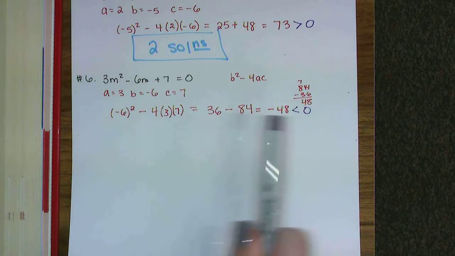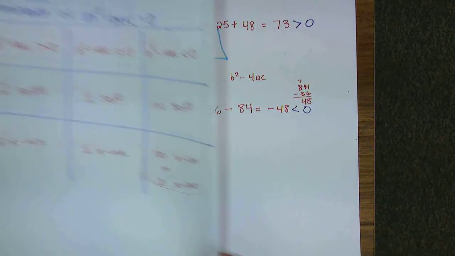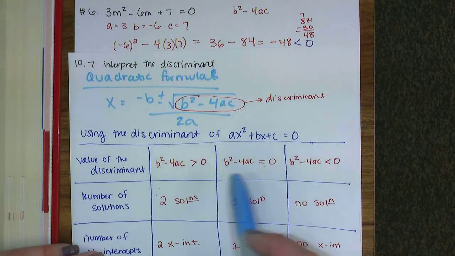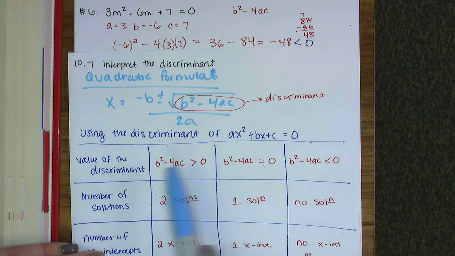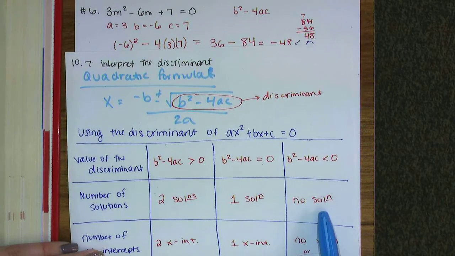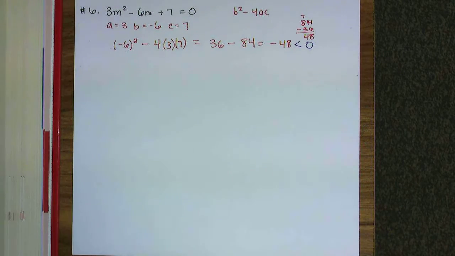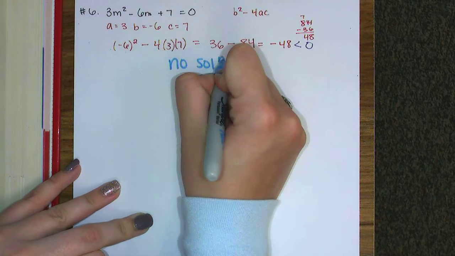So let's go back to our chart and check out what we have. We have less than 0, so we come to our chart, greater than, equal to, less than 0. We're looking for the number of solutions. There's no solution here. So I'm going to write as my answer, no solution.